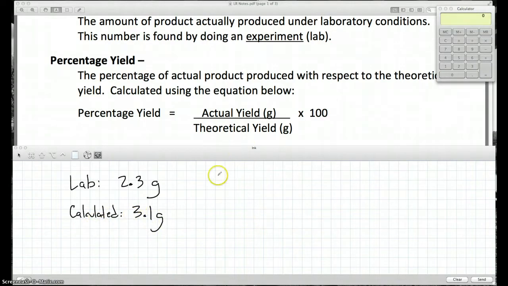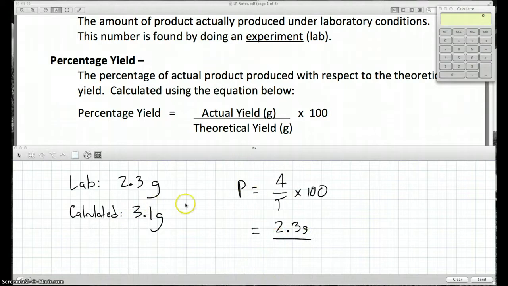Well, what's the percentage yield? Percentage yield, again, is actual over theoretical times 100. So we just have to figure out which one is which here. Actual is what you did in the lab: 2.3 grams.